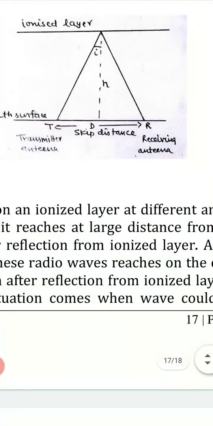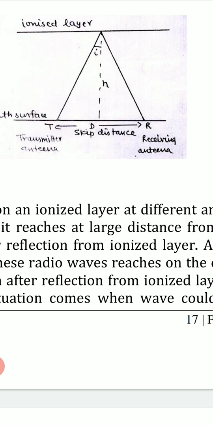In this figure, we have shown the transmitter antenna and the receiving antenna. The wave is transmitted from T, the transmitter antenna, and it is received at R, which is the receiving antenna. Transmitter antenna T transmits a radio wave. It goes to the ionosphere and is reflected by the ionized layer, and then it returns back to Earth's surface at position R where the receiving antenna is present.